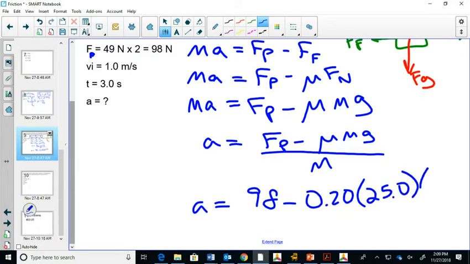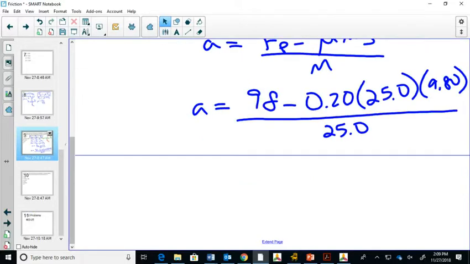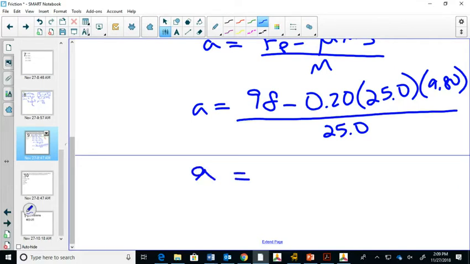What's my gravity? 9.80. All divided by 25.0. Just a review on the math, right? Multiply the pieces, subtract, then divide. So therefore, with all this wonderful work, a is equal to 1.96, and we roll back up.